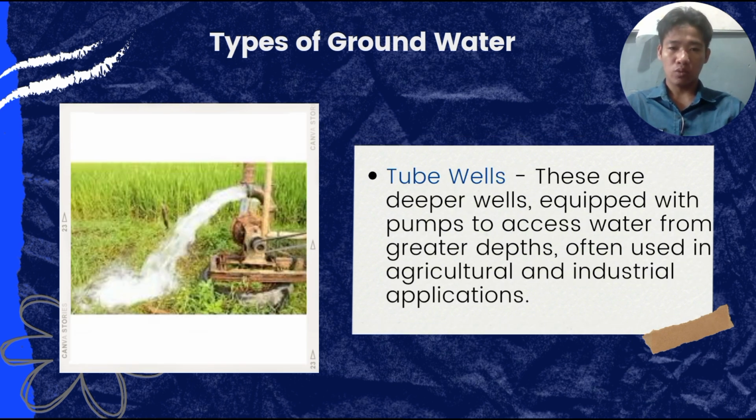The next type of groundwater is tube wells. These are deeper wells equipped with pumps to access water from greater depths, often used in agricultural and industrial applications. As you can see, there are pipes, drilled pipes, and a combination of pipes for agricultural and industrial application.